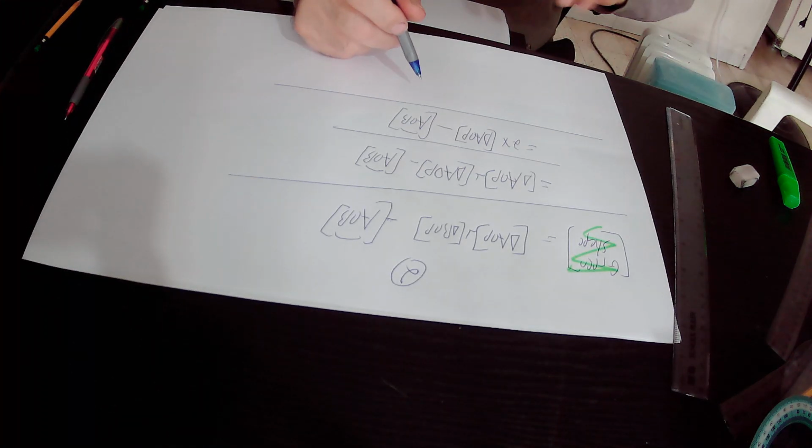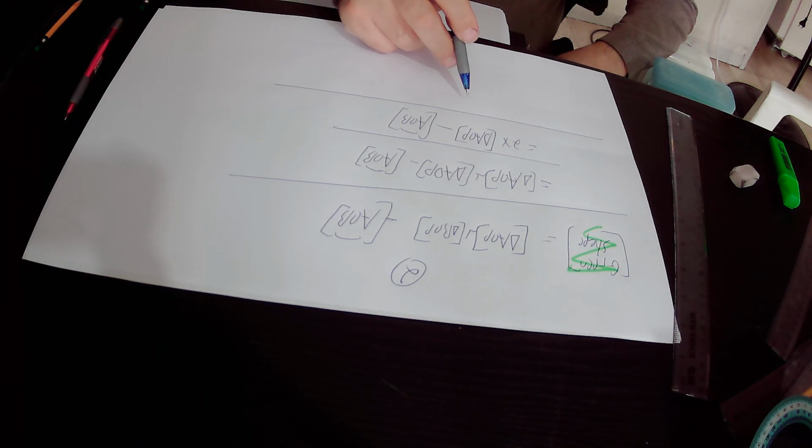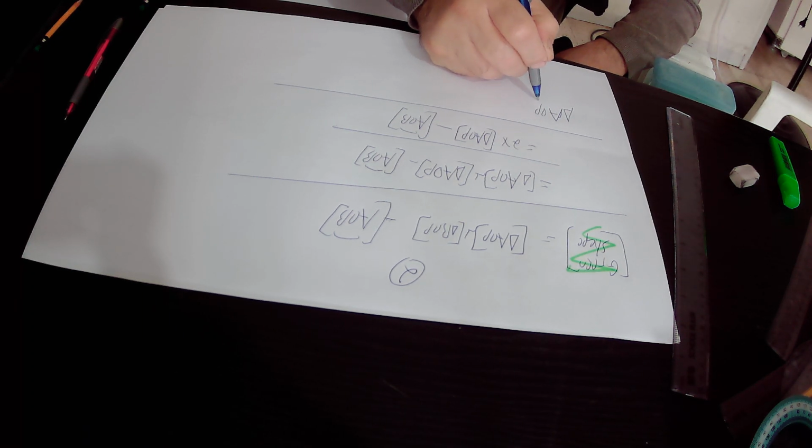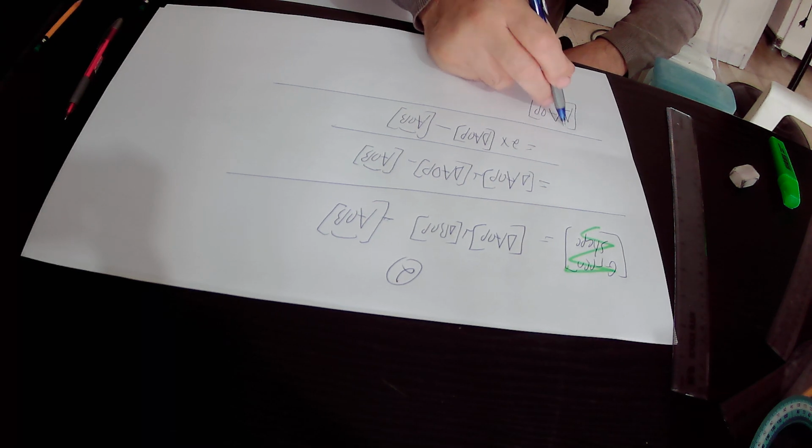So first of all, we have to find out the area of the upper right triangle AOP. What is the area of the upper right triangle AOP?